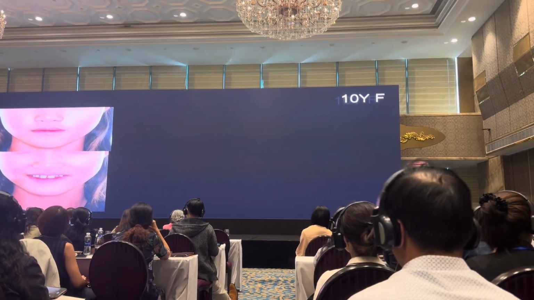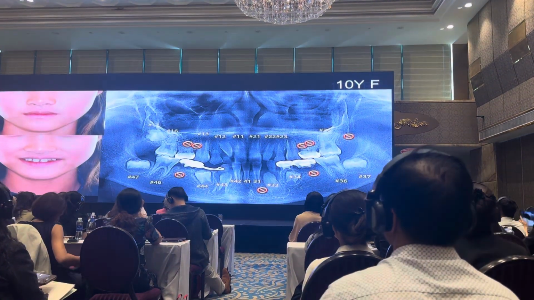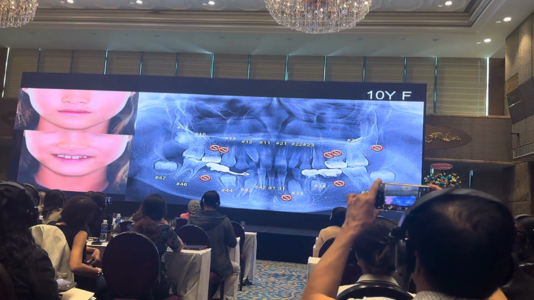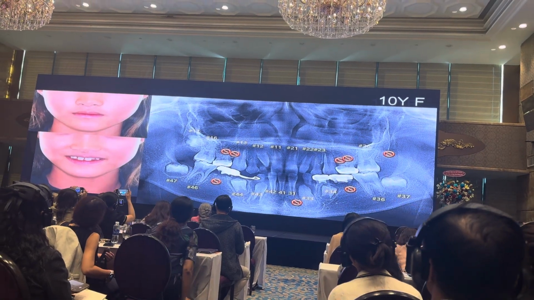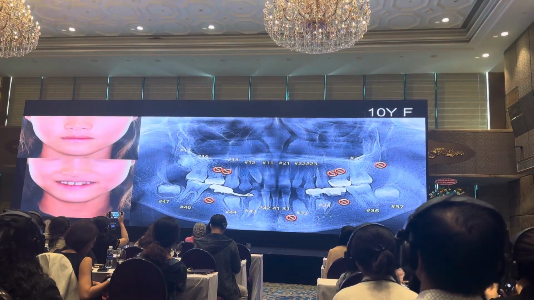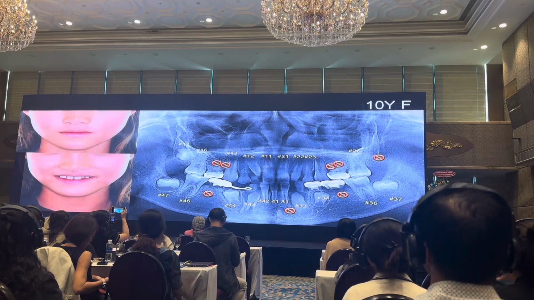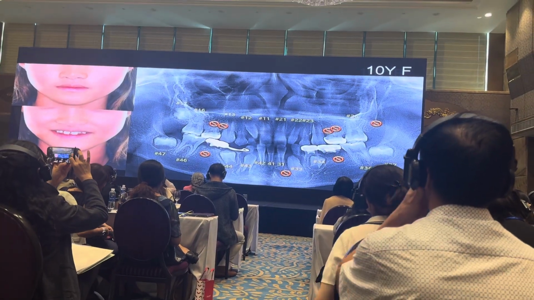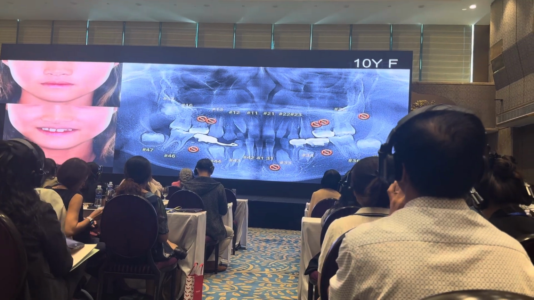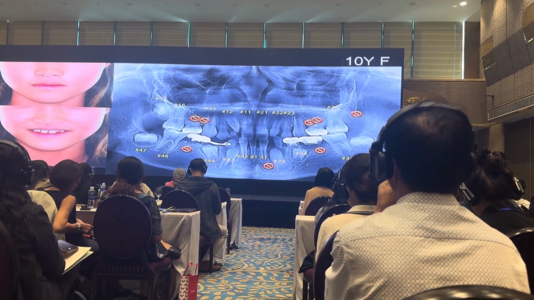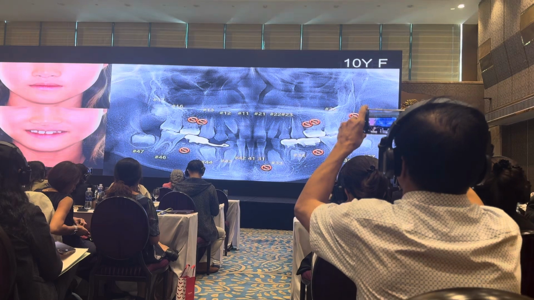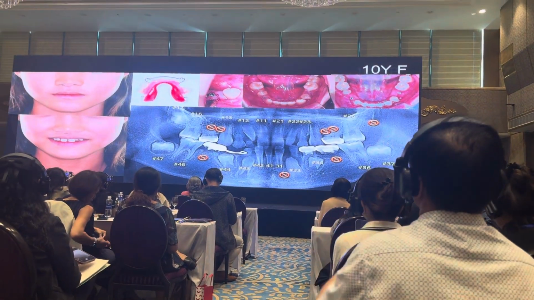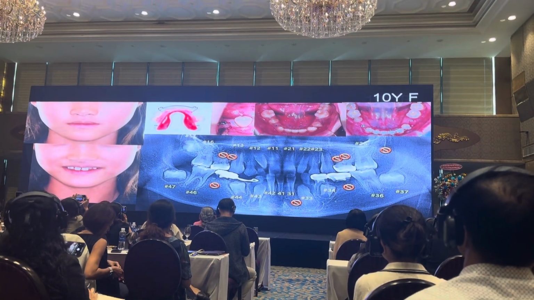This patient has a problem like this. So many congenital missing problems. However, to us, this erupting tooth is quite precious. We used only these 3 appliances.